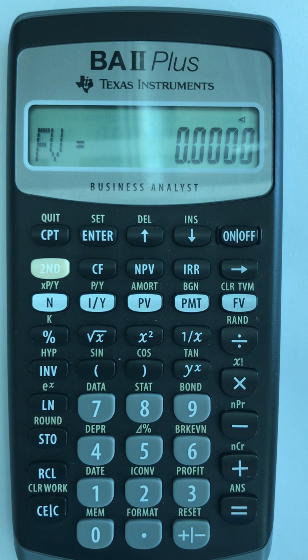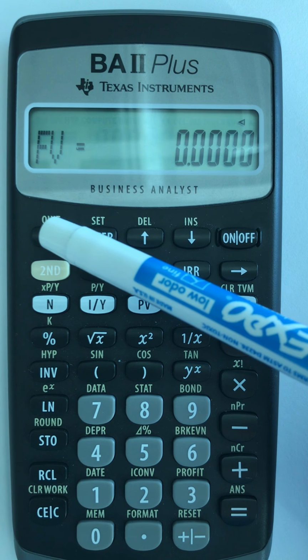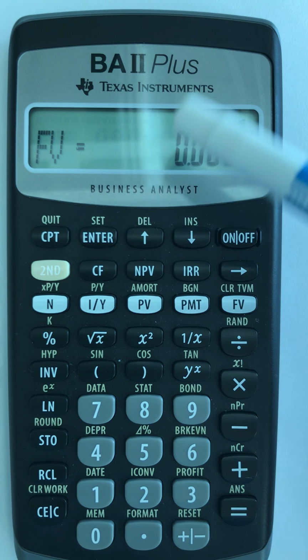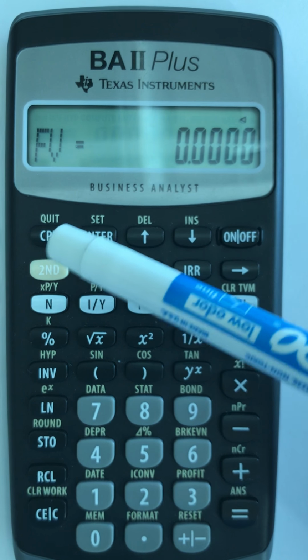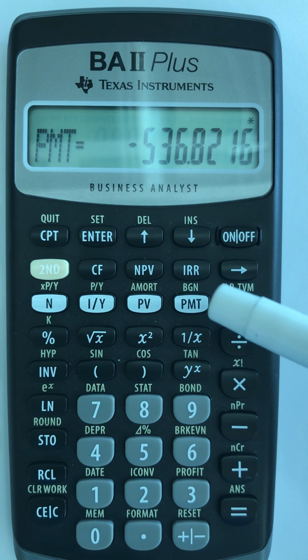And now let's calculate the monthly payment. Let's click this compute. Nothing changed on the screen, but I did push the button. And let's push the payment.